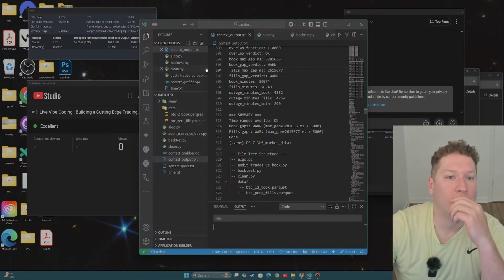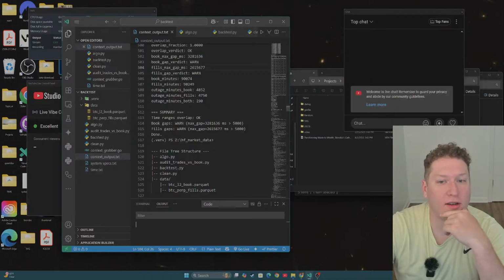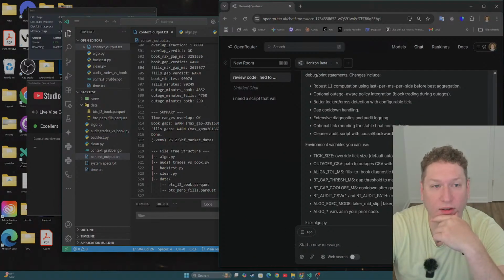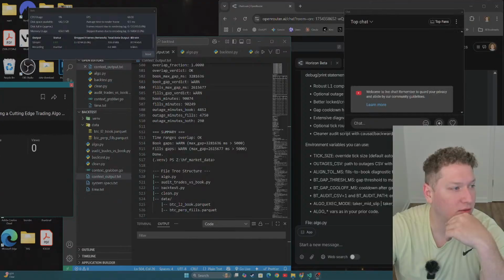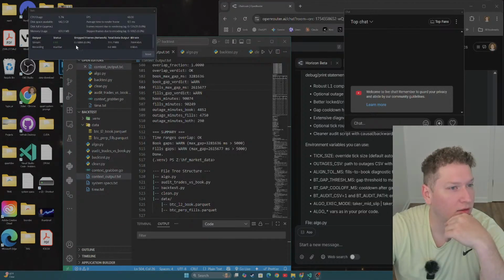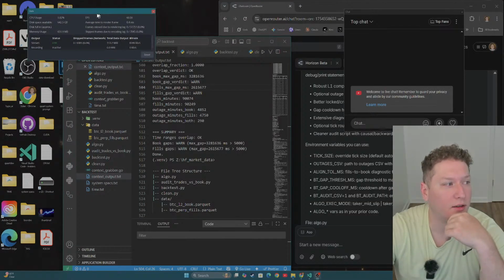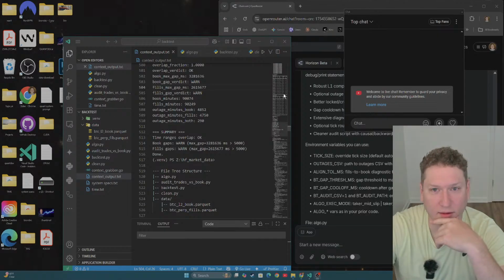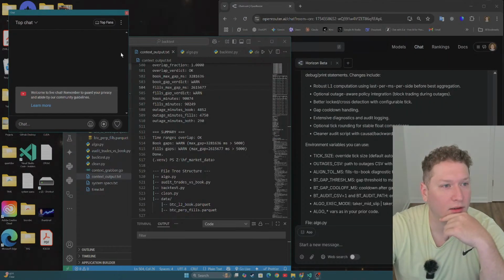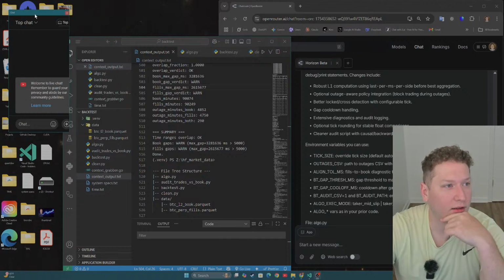So we're here in the backtest project, and I am using Horizon Beta 2 code here. I'll keep the chat in the corner.